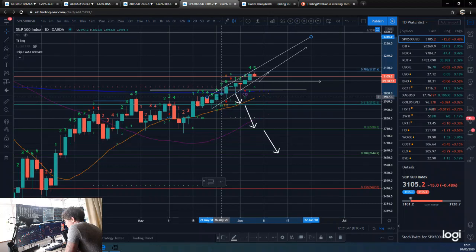So they are just piling on extra positions, extra risk. So eventually when we do break out under this channel and they do have to take profits, they are obviously having to take profits on bigger positions.